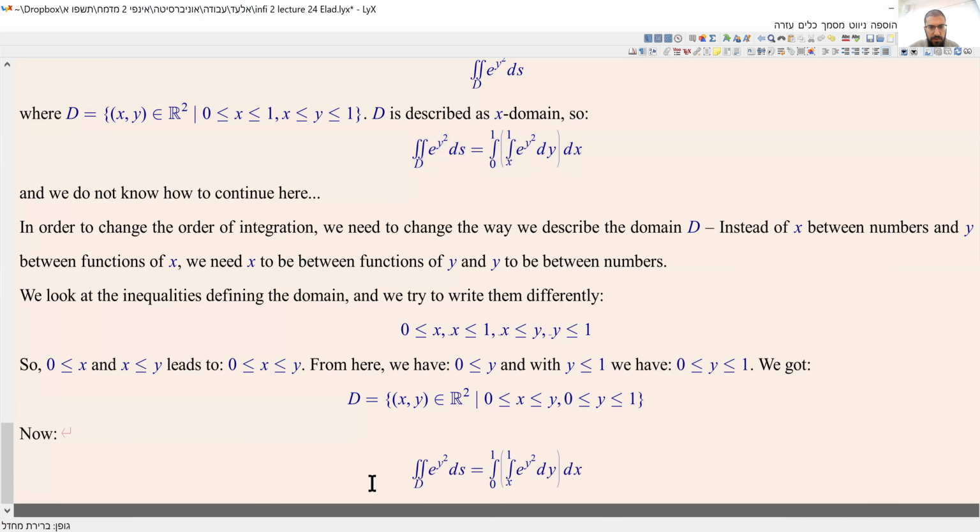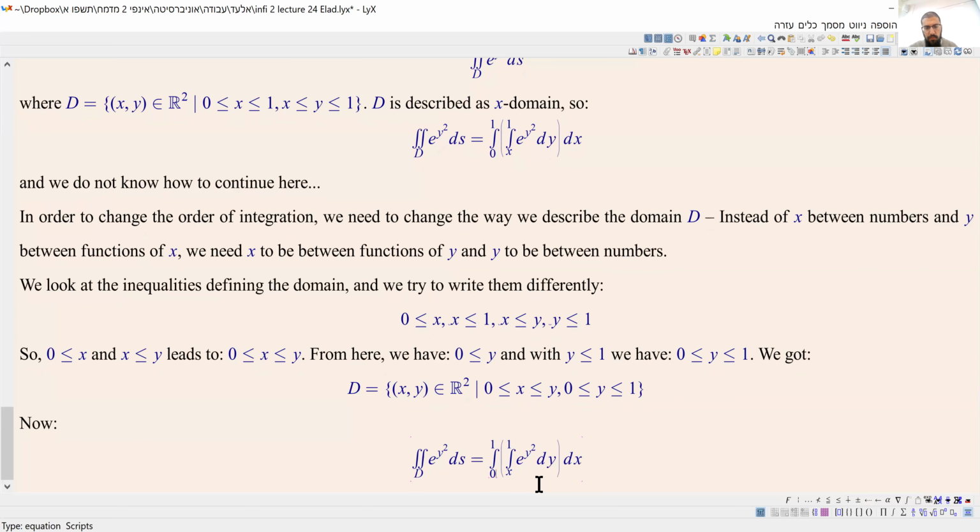So changing the order of integration, when the domain is an x domain or a y domain, is actually changing the way we look at the domain. So y is between 0 and 1, and x is between 0 and y. Let's finish this example, and we can each go on our way.